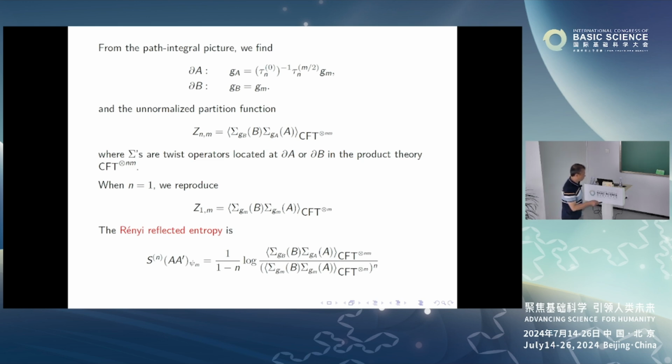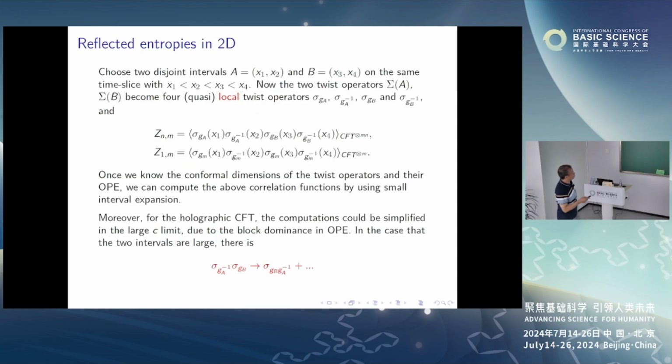And there is some normalization factor. In the two-dimensional case, we know that the twist operator is a local operator, located at the boundary of the interval.